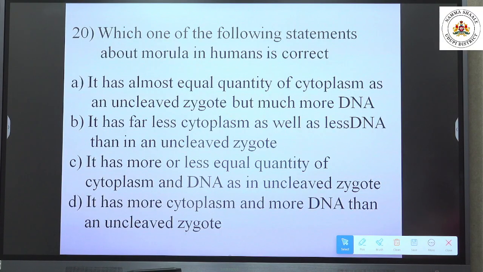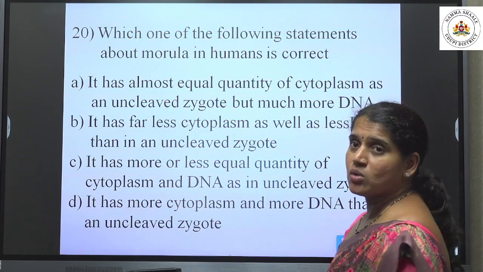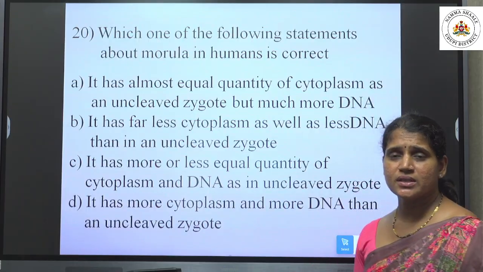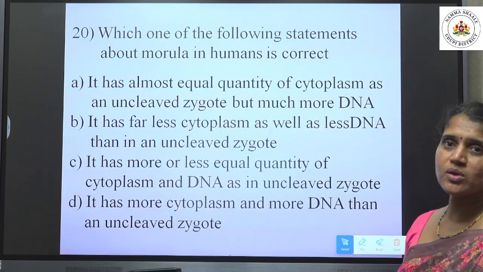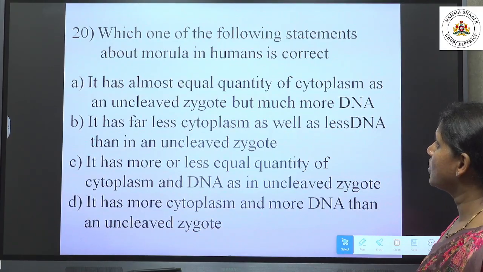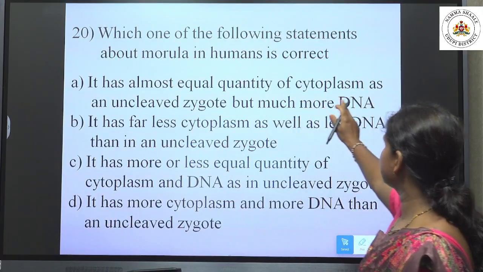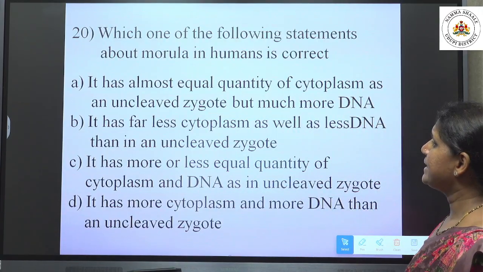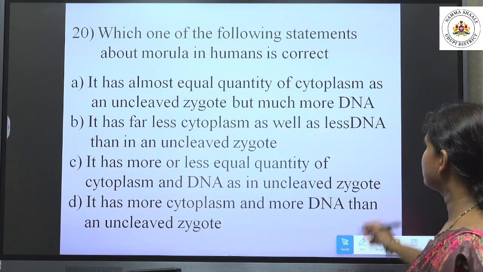Which one of the following statements about the morula in humans is correct? The human morula is the 8 to 16 cell stage of development of the human embryo. It has almost equal quantity of cytoplasm as an uncleaved zygote, but much more DNA.